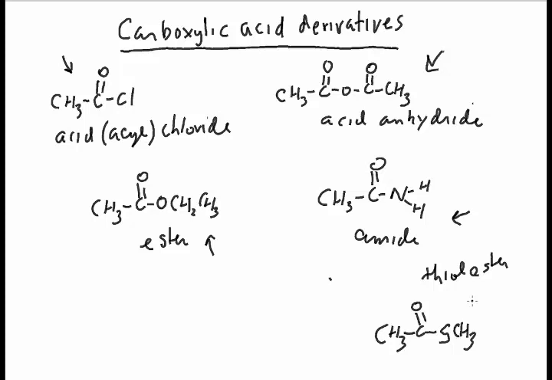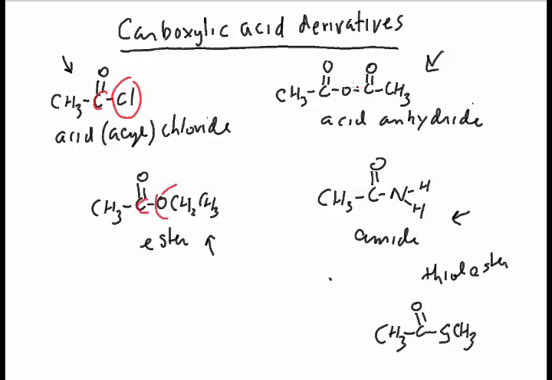All right, one thing to note about all carboxylic acid derivatives is that there is a heteroatom element attached to the carbonyl group. So the carbonyl group is here. It's got the heteroatom chlorine. Here, the oxygen of an ether group is attached to the carbonyl carbon.